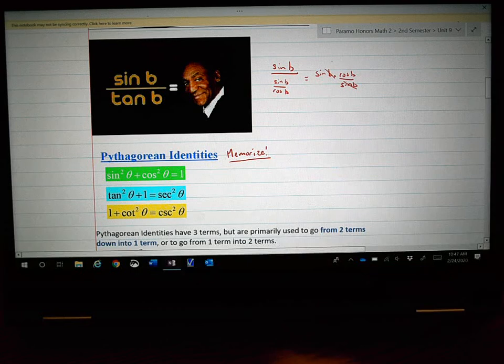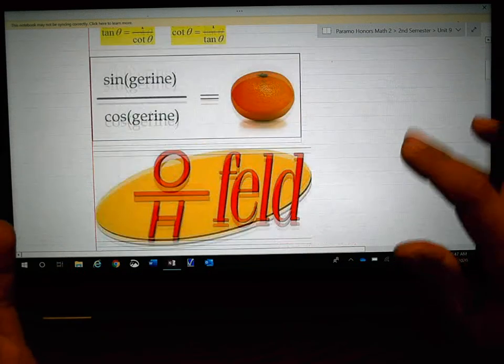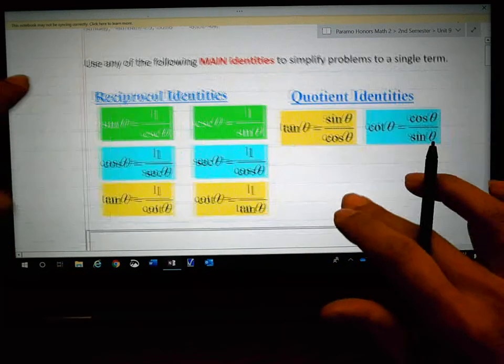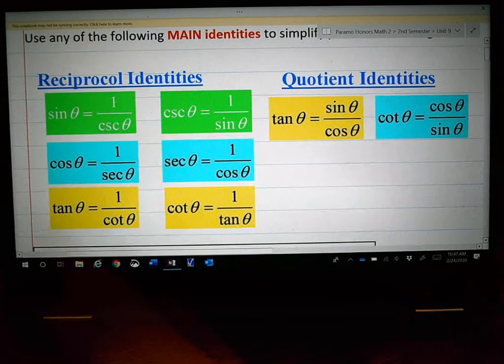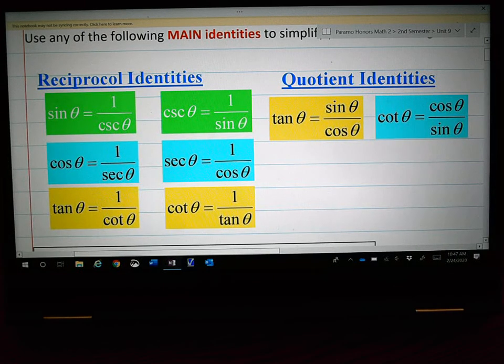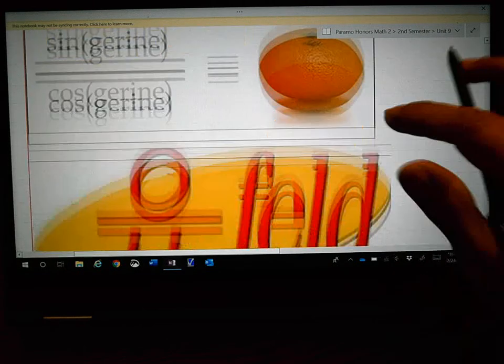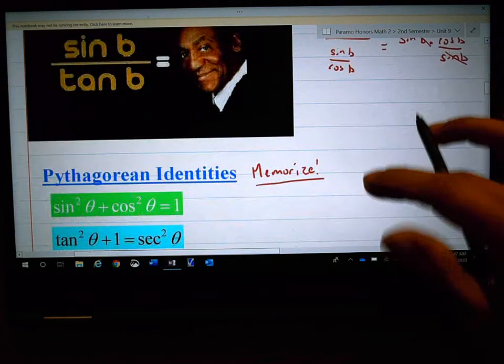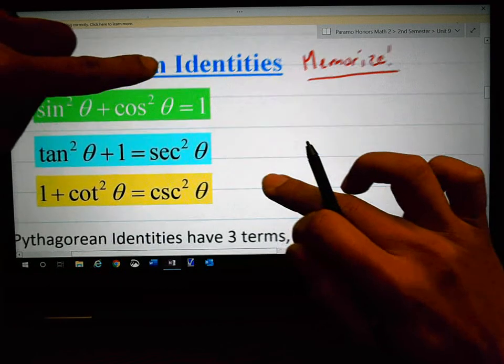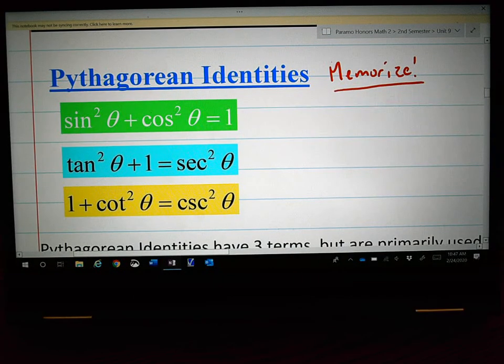The first way we're dealing with problems is with these types of identities, reciprocal and quotient identities. The other types of problems that you're going to deal with are Pythagorean identities. There are three. The first one is sine squared of theta plus cosine squared of theta is equal to 1.